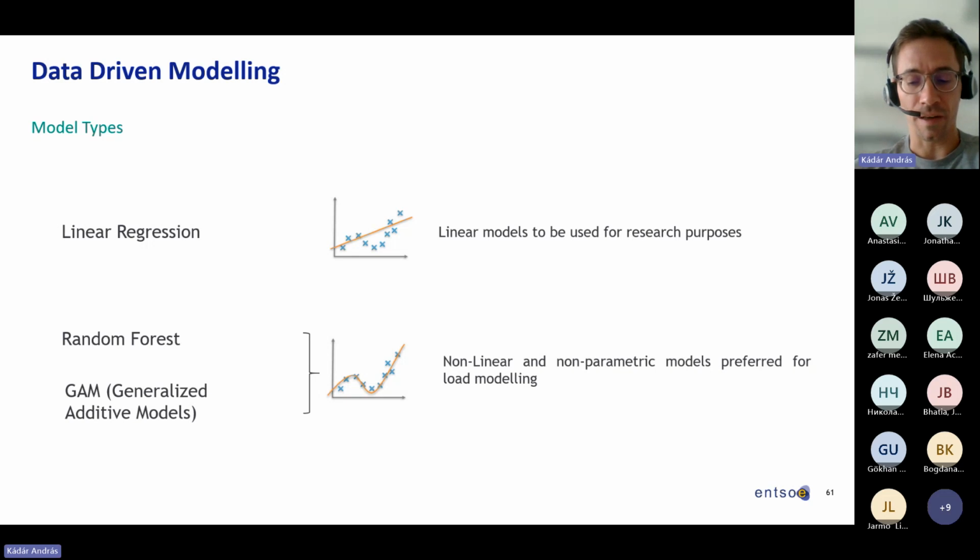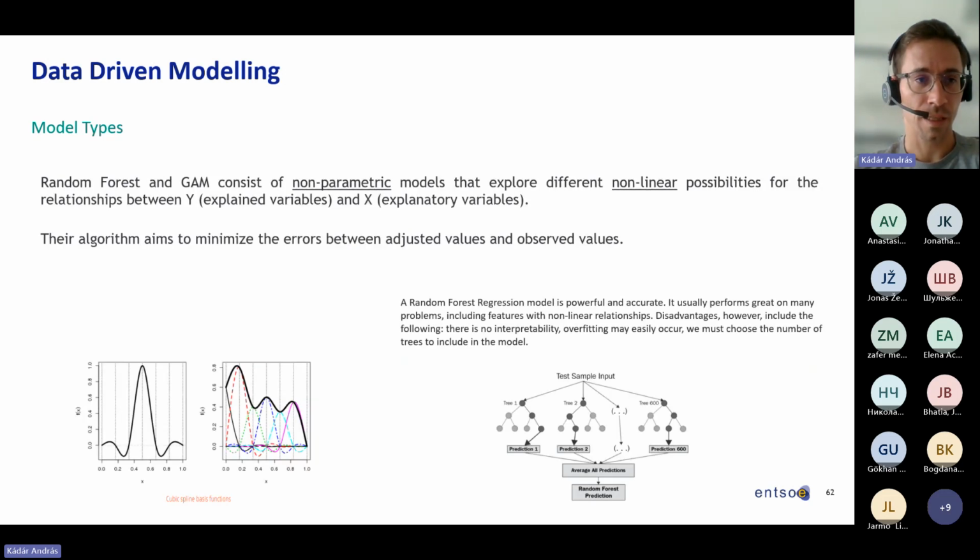Sometimes they are very useful, but other times, when nonlinear models with many parameters are needed, maybe a more flexible model is better. Random forest and GAM are both really flexible and powerful models, and they have a history of giving good forecasts for different types of problems.